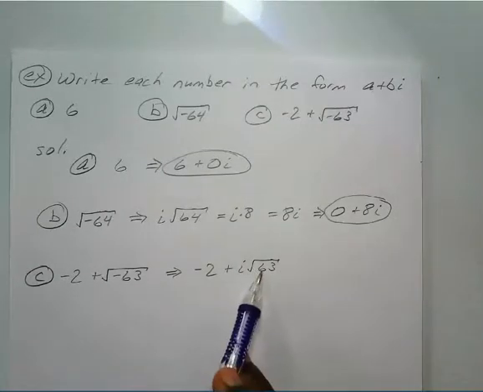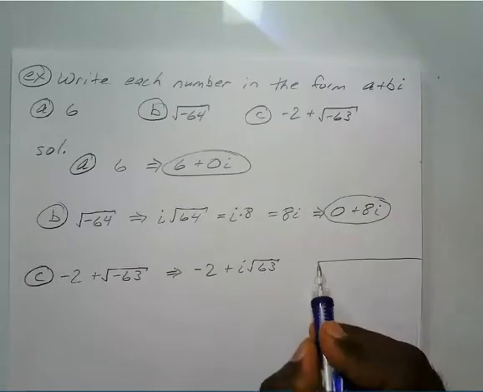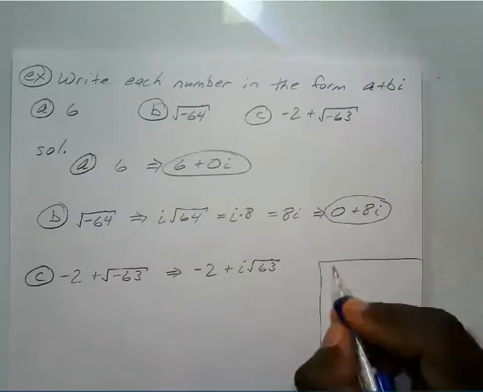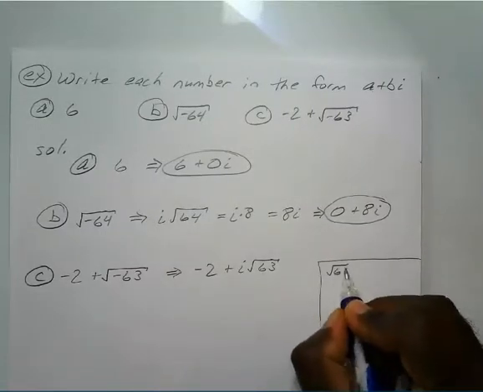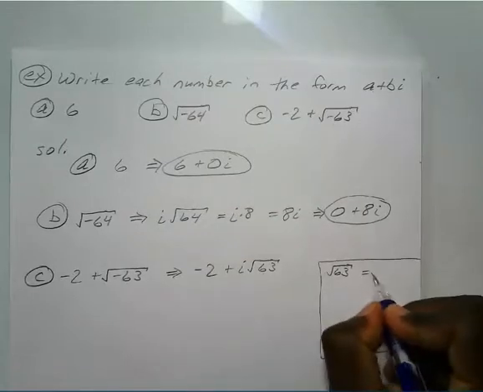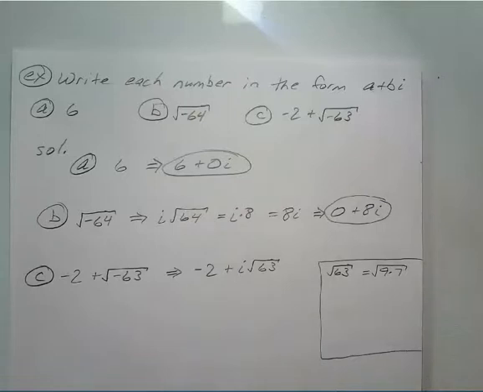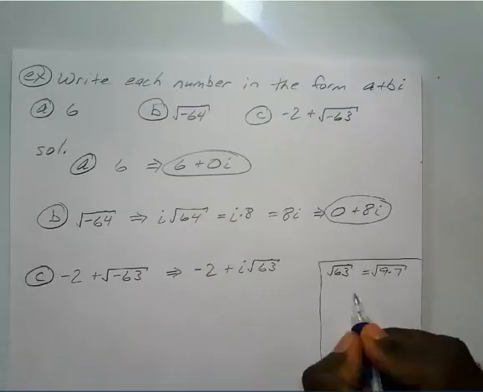Okay, now square root of 63, again, it's not a perfect square, but it has a perfect square as a factor. Okay, so if we have square root of 63, we can make that square root of 9 times 7. Okay, we go ahead and separate those.